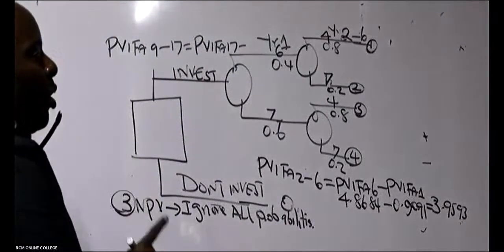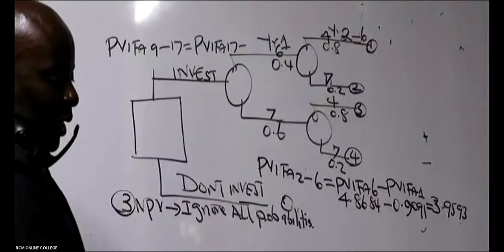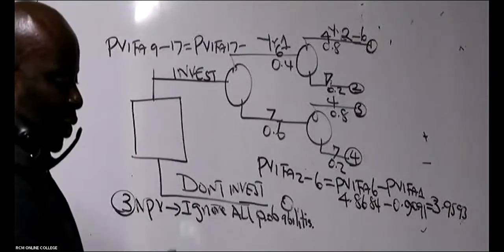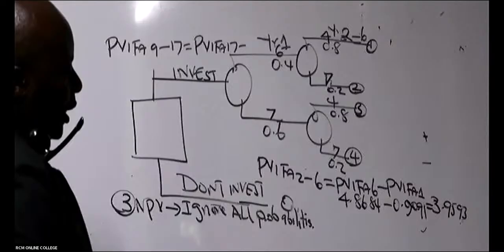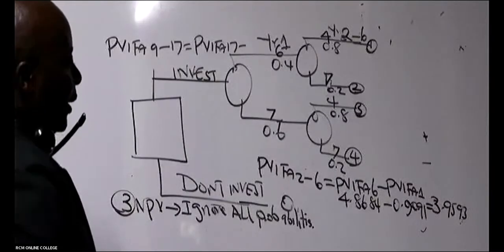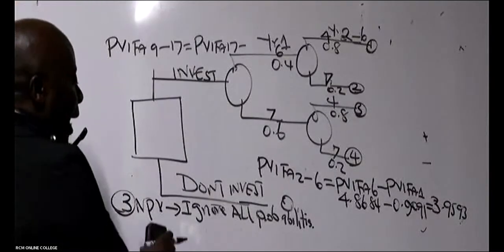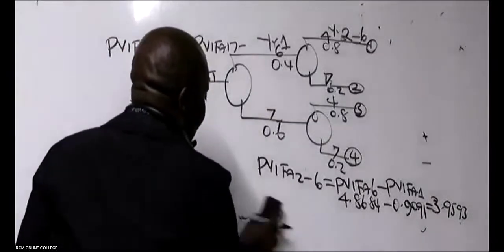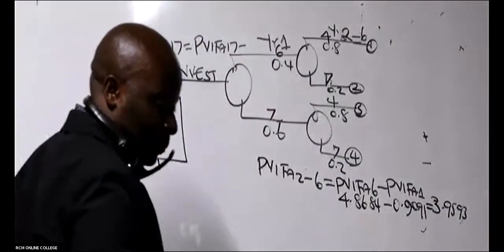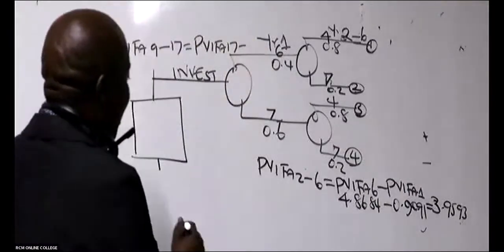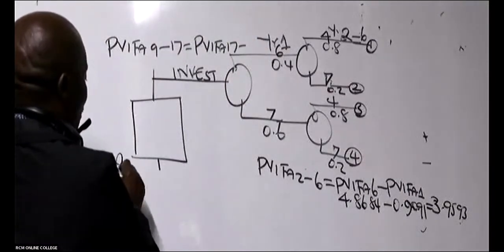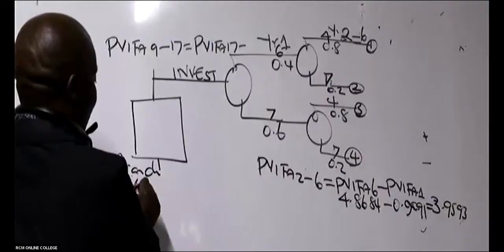You label all your branches like that, and then you give us the NPV for each branch. So we start with branch 1.